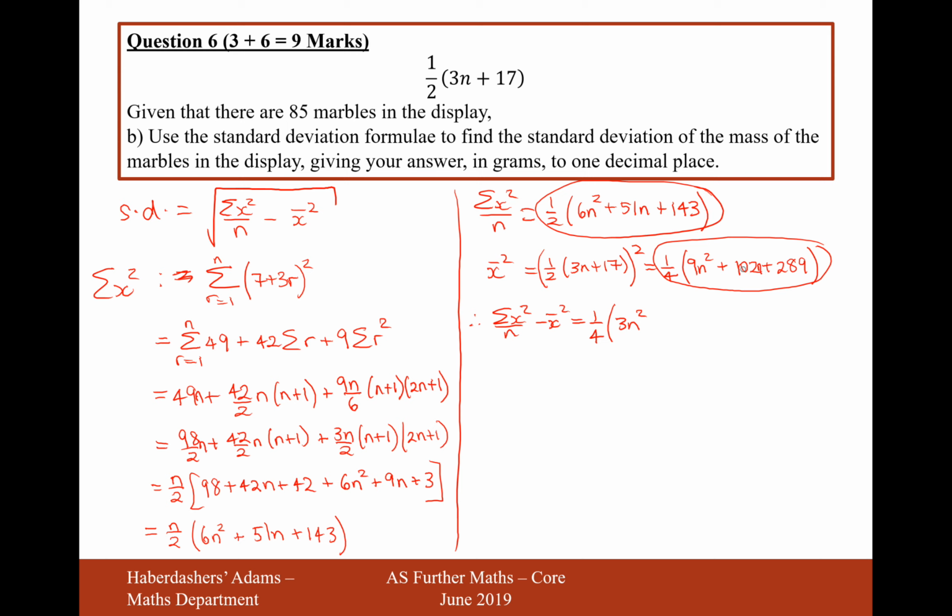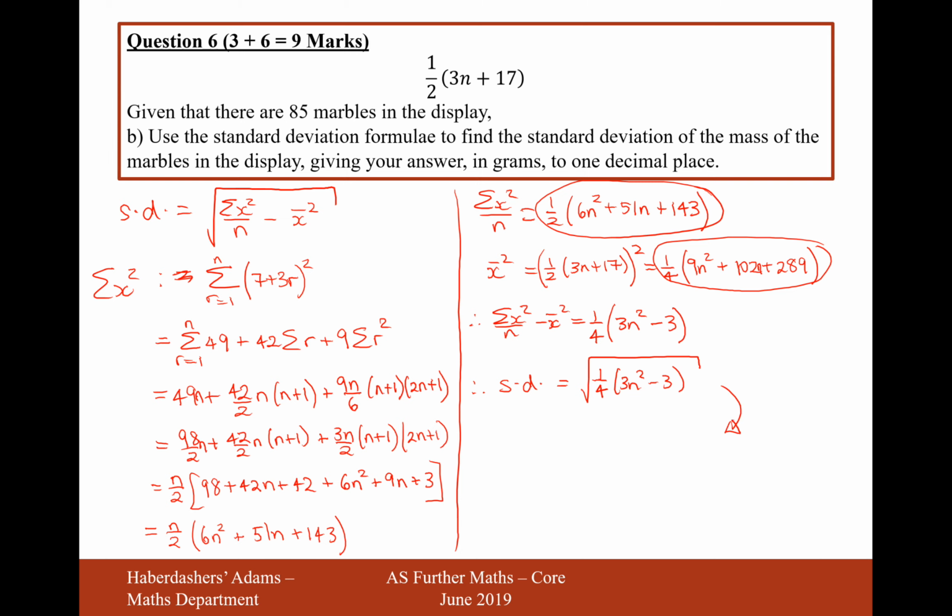And then 2 lots of 143, 2 times 143, that's 286, minus 289 will give us minus 3. So therefore, the standard deviation is going to equal the square root of a quarter, 3n squared minus 3.